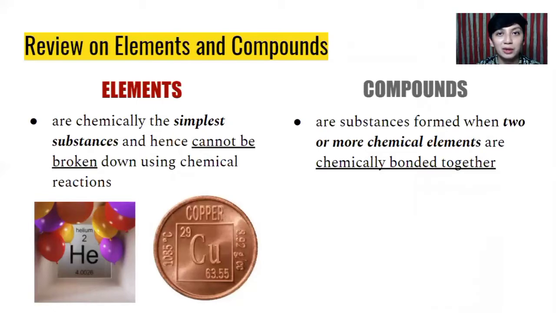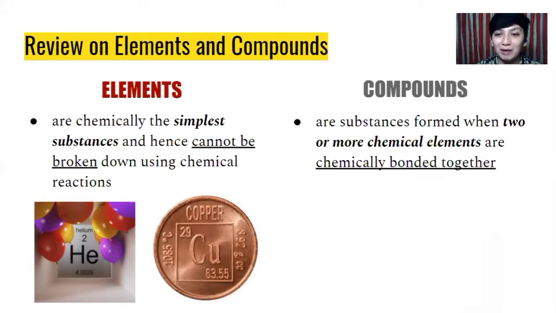Those are the two examples of elements. So we have atomic number 2, which is helium, and atomic number 29, which is copper, which are both considered elements because an element is also an atom. One atom of helium is equivalent to one element of helium. Okay? And now let's go to compounds.